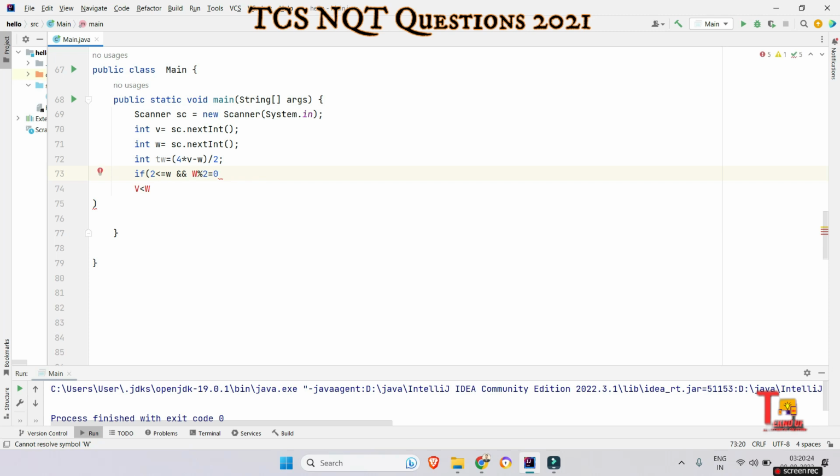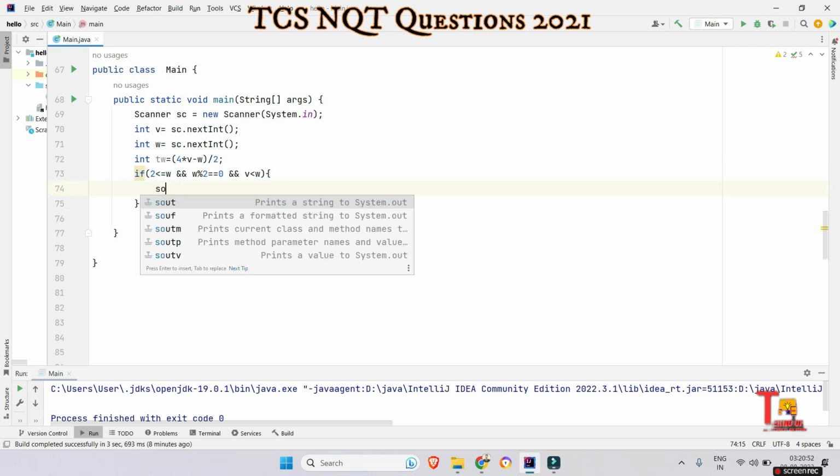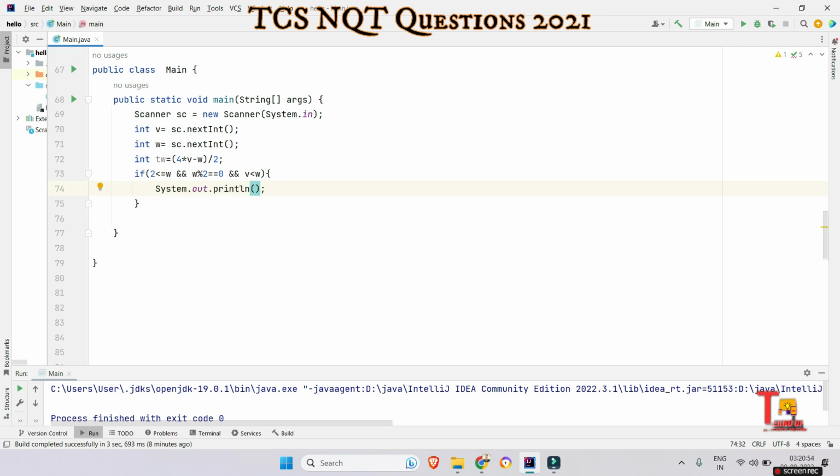So w mod 2 is equal to 0, and v less than w, right? And let's run the logic. So if this is satisfied, that means the constraints are satisfied, right? So let's just print the value, that is total two-wheelers, right?